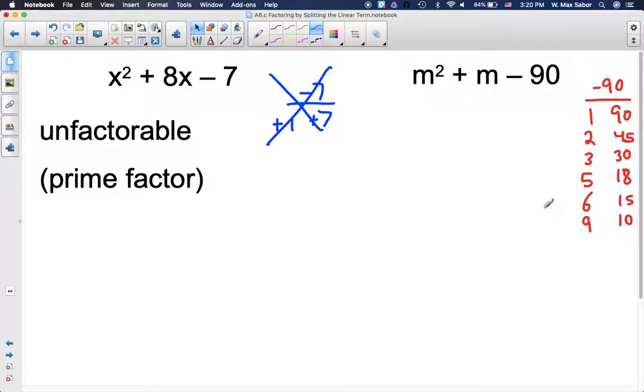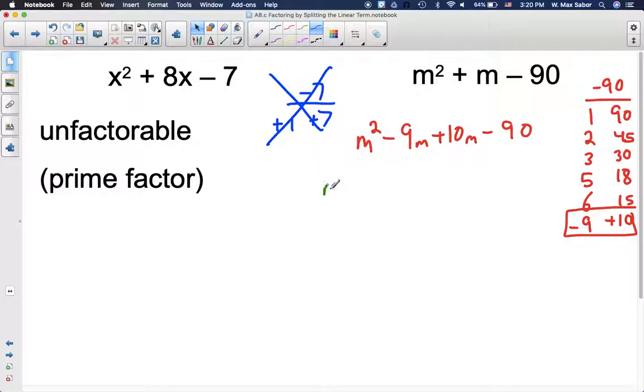So in order to get positive 1, we need a negative 9 and a positive 10. We'll multiply to negative 90 and add to positive 1. So we have m squared minus 9m plus 10m minus 90.